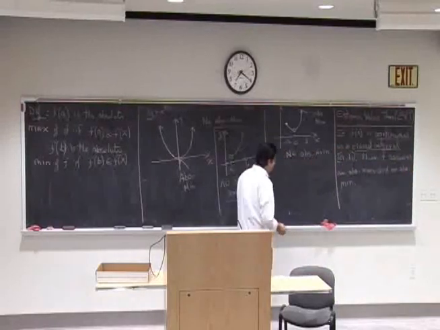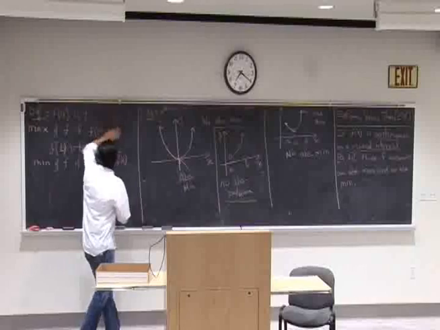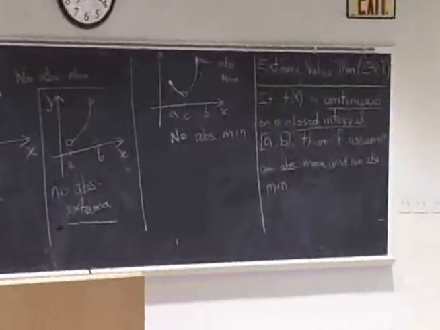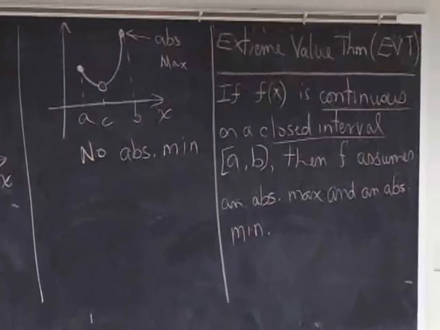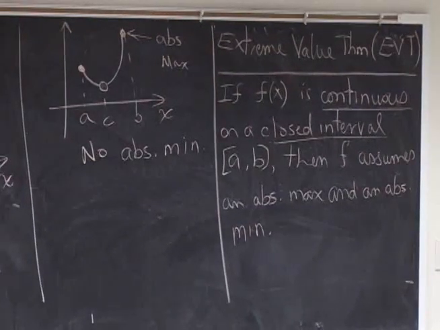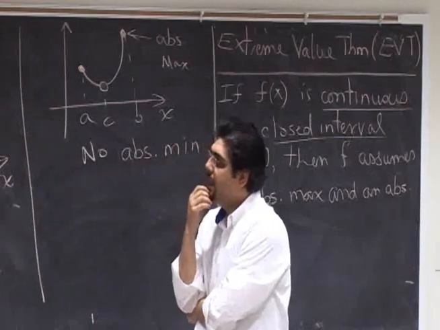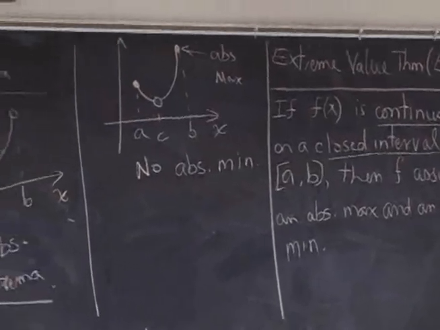So to demonstrate, let's take the same function, y equals x squared, with a different domain now. Now I'm specifying what the domain is. X is between -1 and 2. So that's the closed interval that I want.